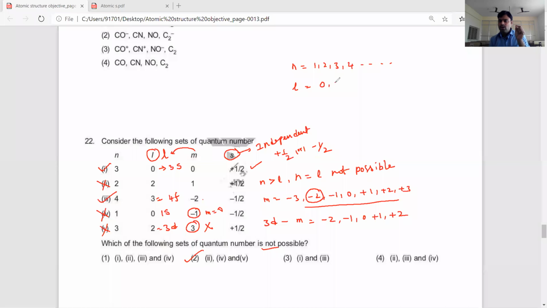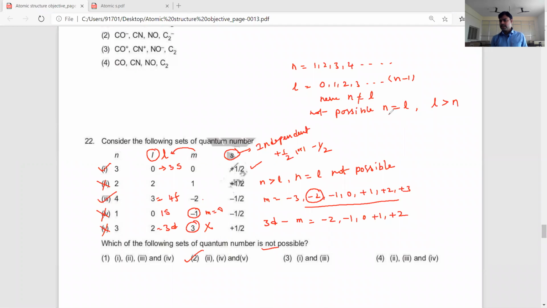They start from 0, 1, 2, 3 up to n minus 1, but n is equal to L is never possible, and L value is never more than n.